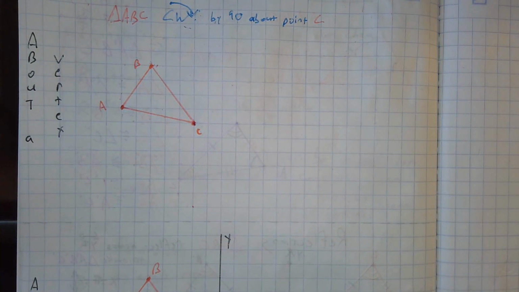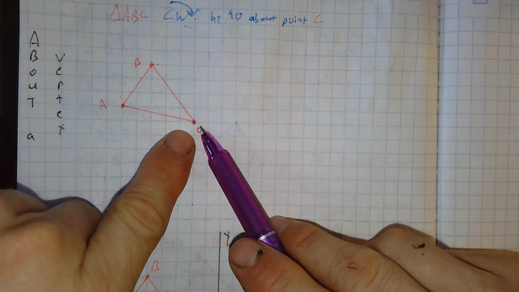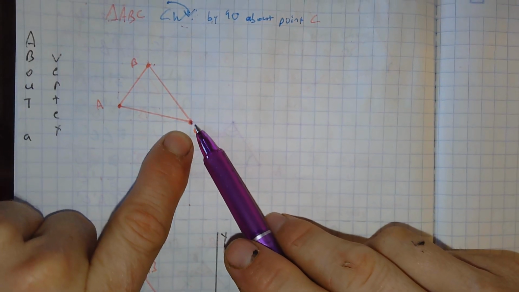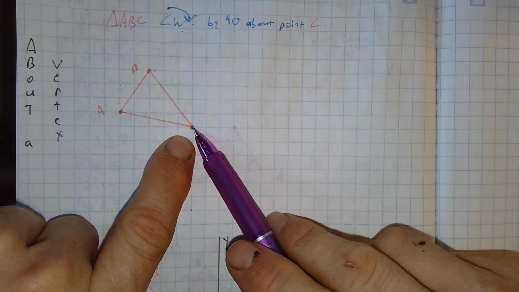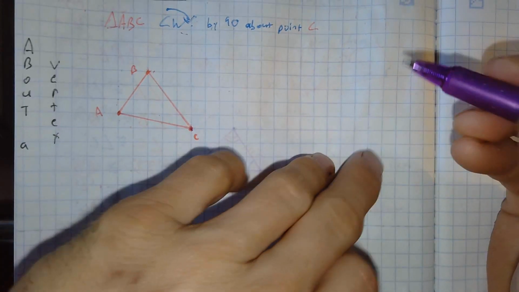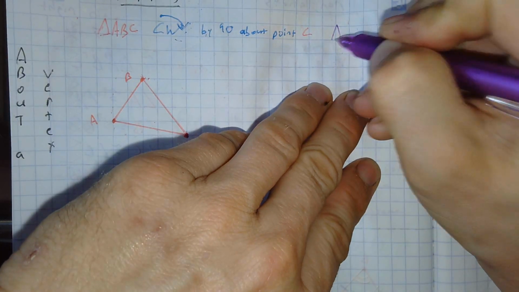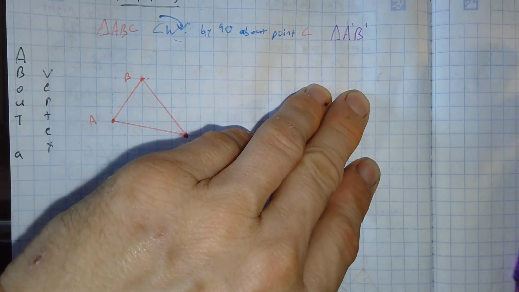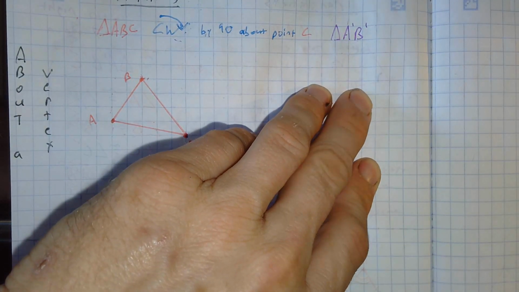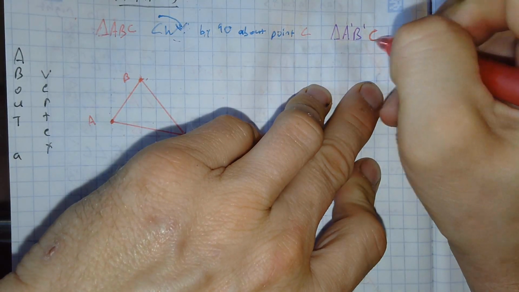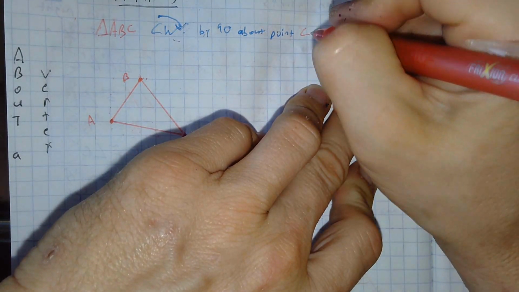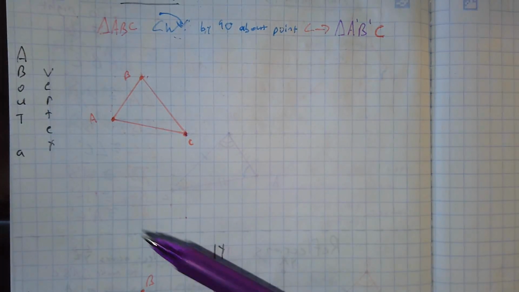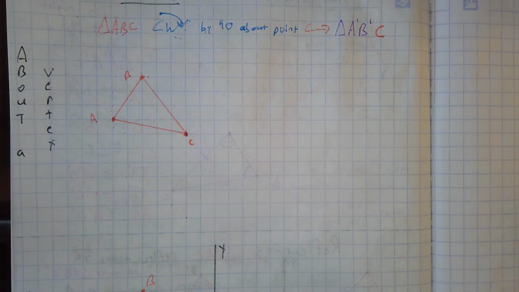I'm not changing point C here. Point C is planted. So I'm going to be making triangle A prime, B prime, and C. This is the new triangle because A and B are moving, C is not.